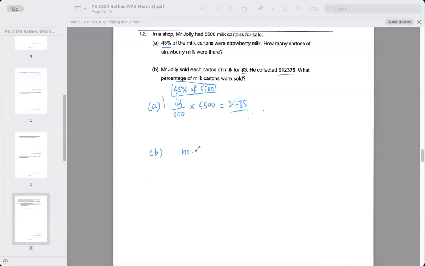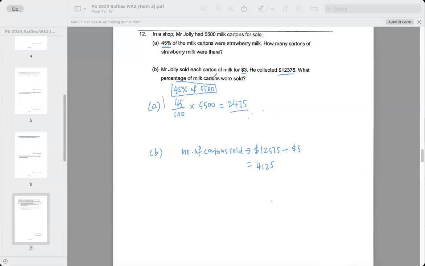Number of cartons sold: you take the total amount collected, divided by the price for each carton. You key this into your calculator, we will get 4,125 cartons that he sold.